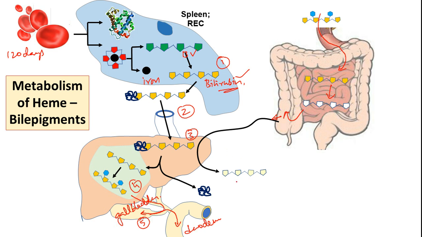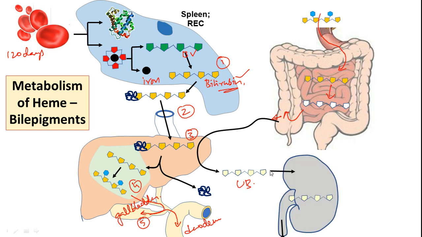Okay, we call this compound urobilin. This urobilin will be excreted exclusively through the kidneys, through urine. It is slightly yellowish in color, and that's the reason why urine is usually slightly yellowish or straw colored. So this is the way.